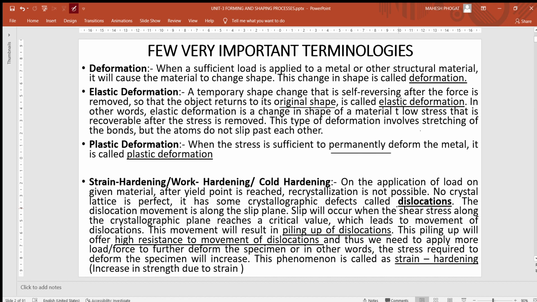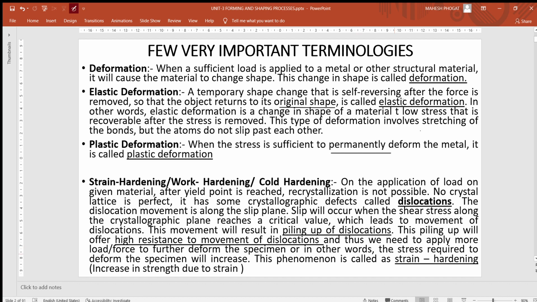They will group together. Once this piling up starts, the movement of other dislocations becomes very difficult. That means this piling up is now offering very high resistance to other dislocations. So obviously you need to apply more force to deform the material.